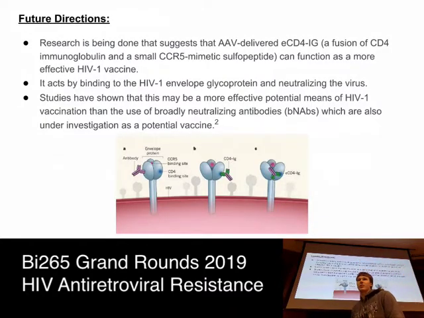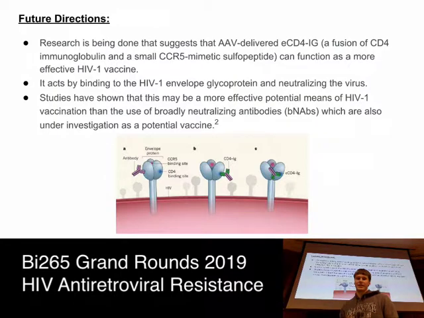Some of the ways that it is hoped that HIV will be combated in the future: there are several methods of developing an HIV-1 vaccine that are being investigated currently. One of the most promising ones uses AAV-delivered eCD4-Ig, which is a fusion of a CD4 immunoglobulin and a small CCR5 mimetic sulfopeptide.